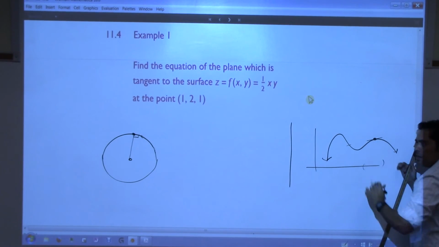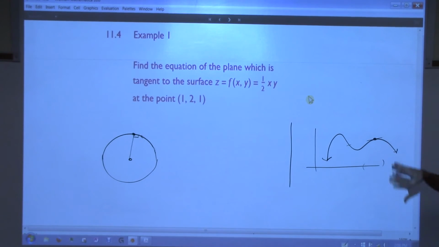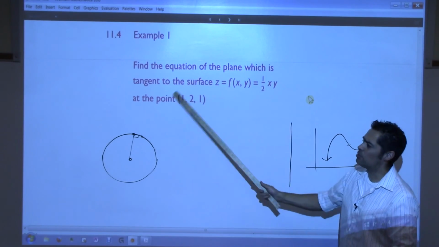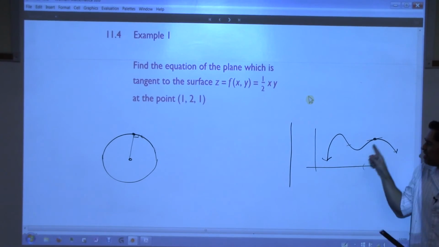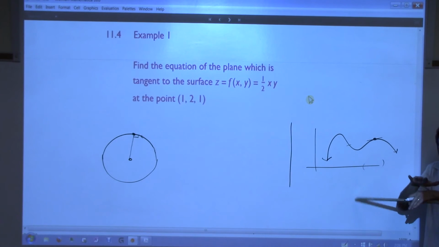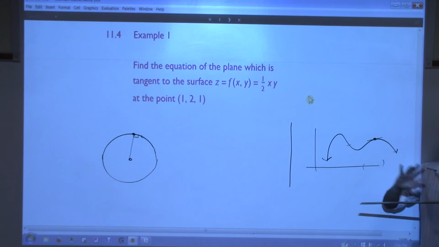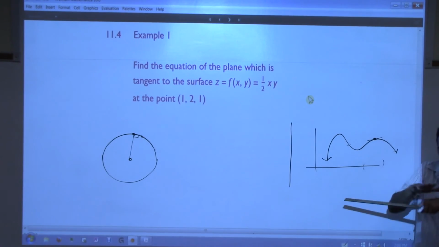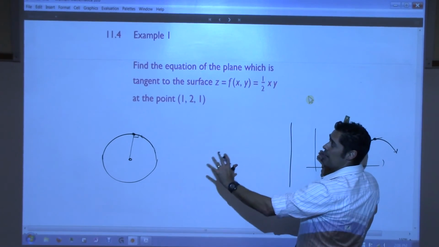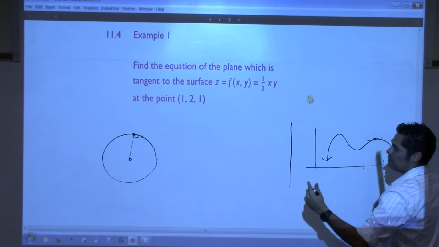Yes? We have the same idea here when we're trying to find the equation of a plane which is tangent to a surface. We're saying just at that point, locally, it touches the surface at one point. Maybe somewhere else it might hit, but locally it's going to just touch. Let me extend everything now, this picture and this picture, into 3D.